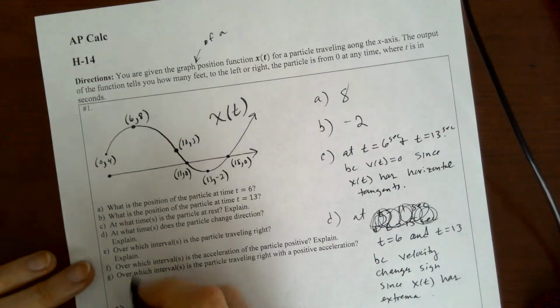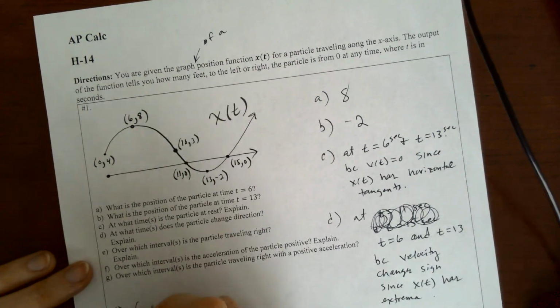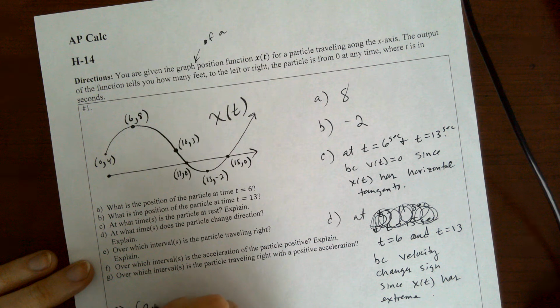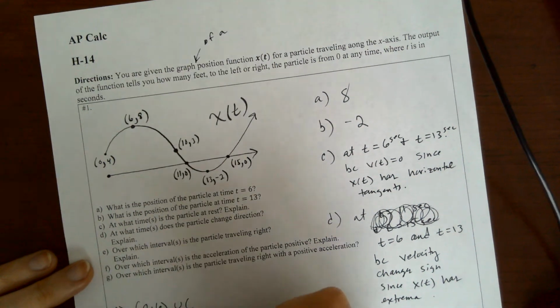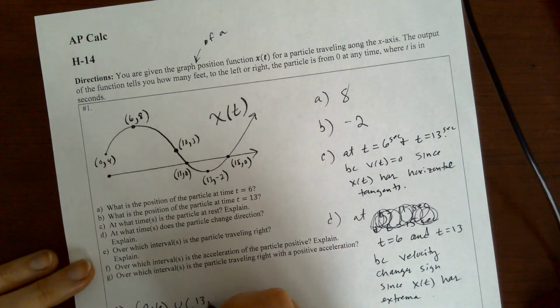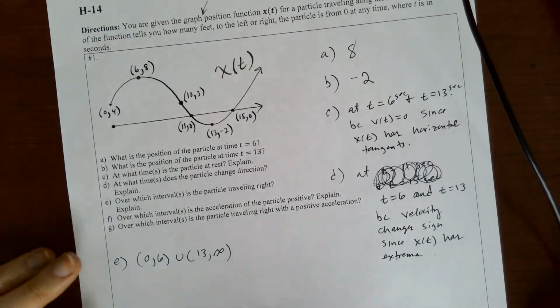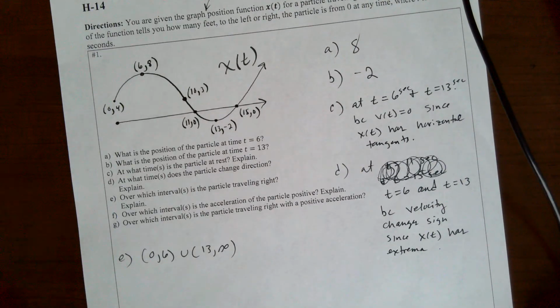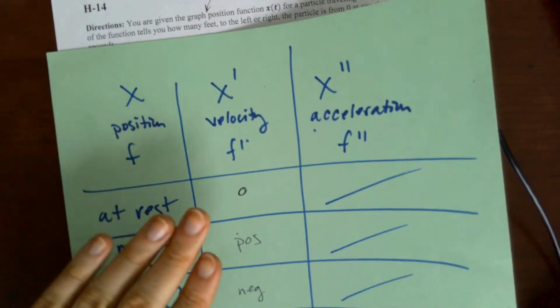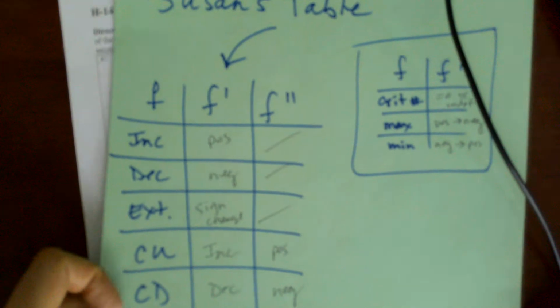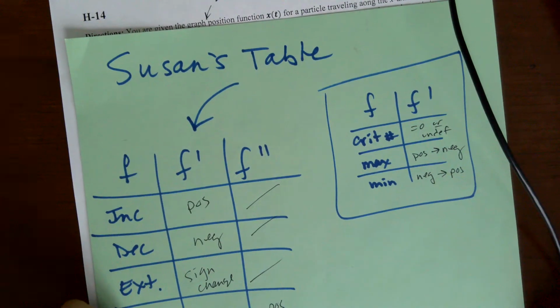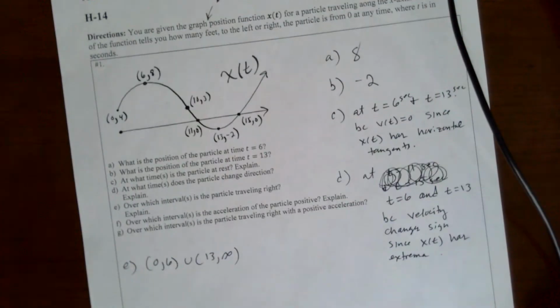All right, so it's going to be from 0 to 6, union 13 to infinity. And the reason is going to be, the first thing you're going to say is from this table, and then you're going to follow it up with using this table in order to relate it to the original graph that we're given.